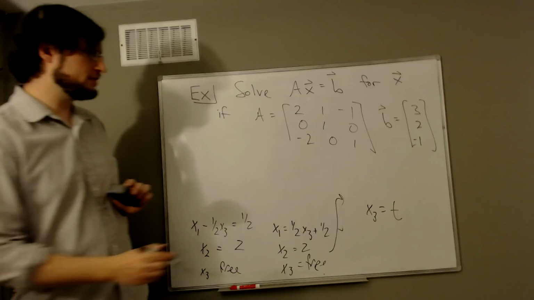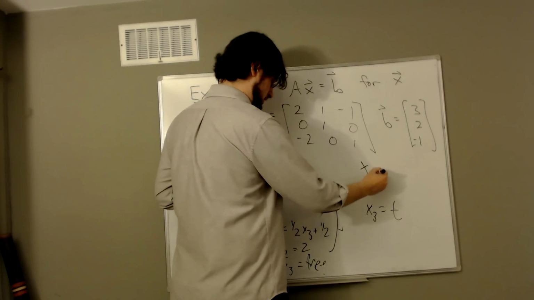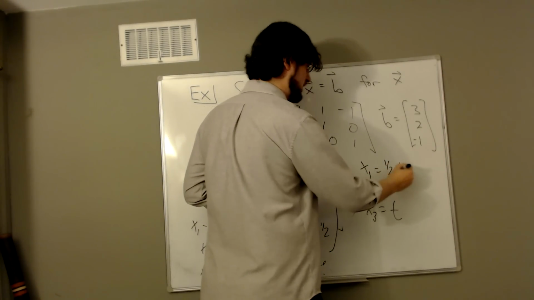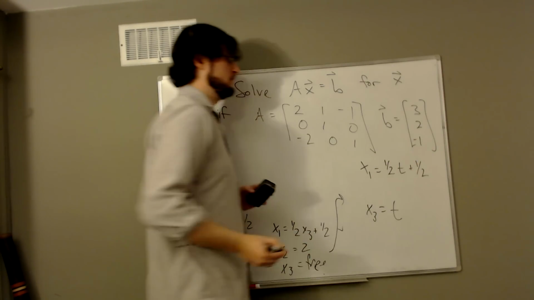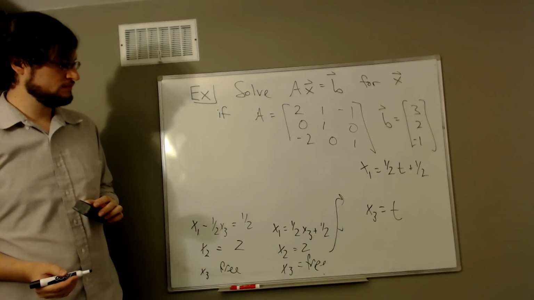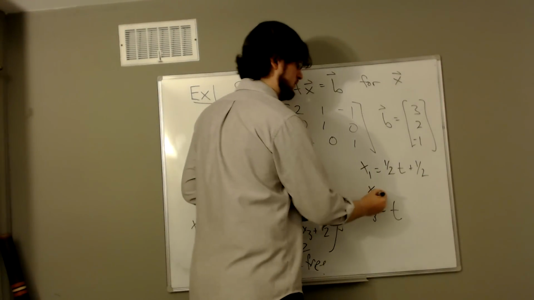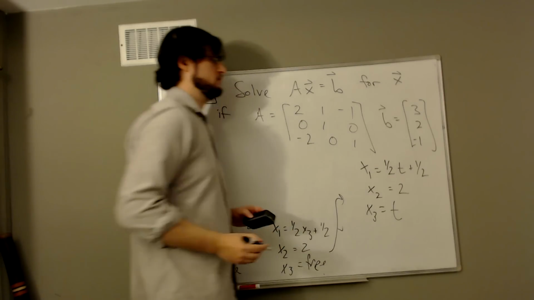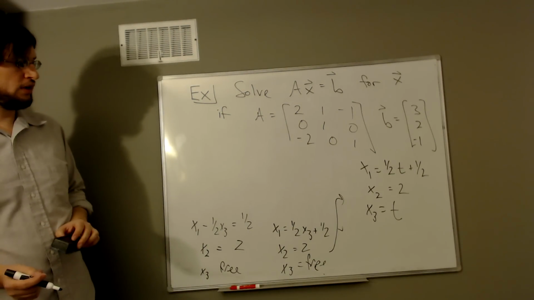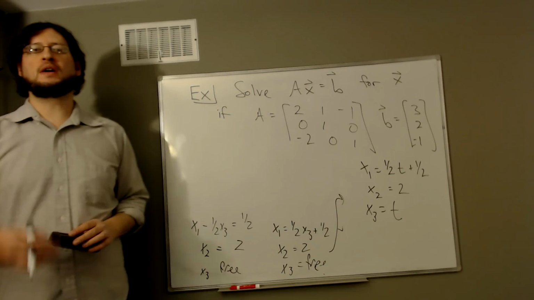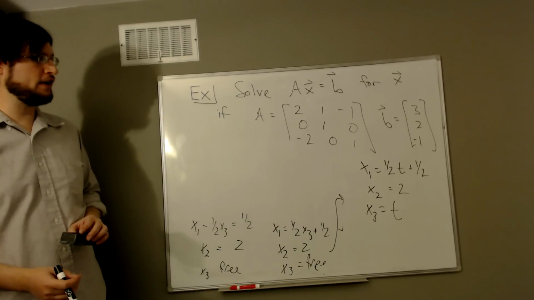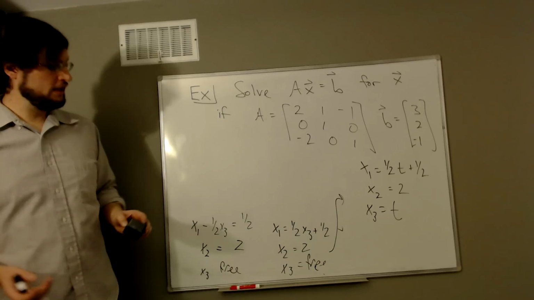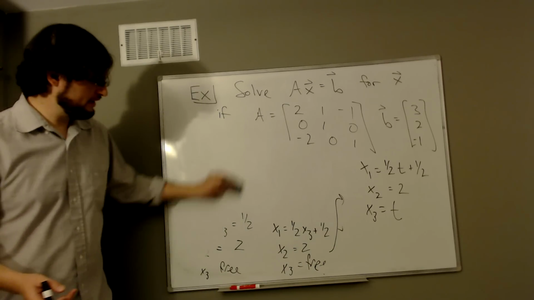So if x3 is t, then x1 is 1 half t plus 1 half, and x2 is 2. And all that I did was pick a variable for x3, which was free, so I'm allowing it to be anything I want it to be.